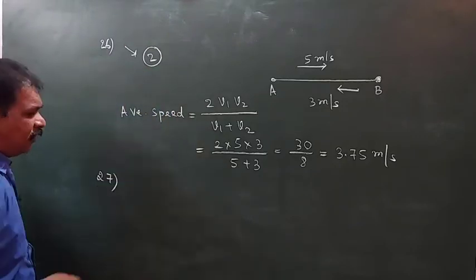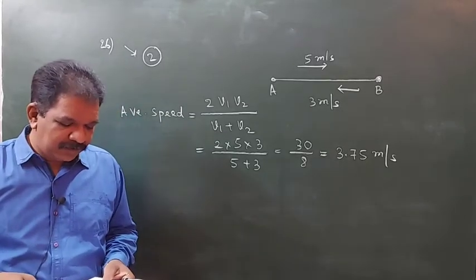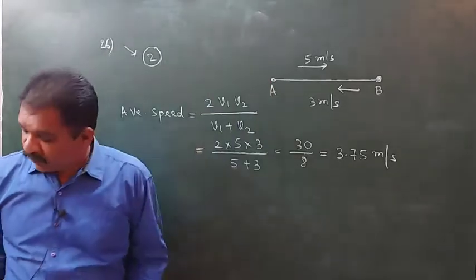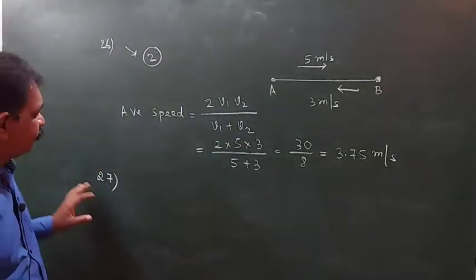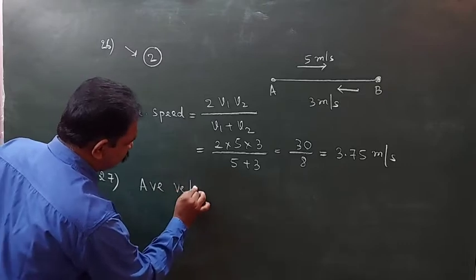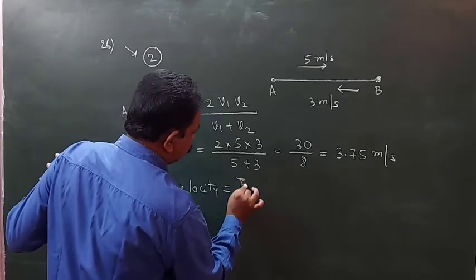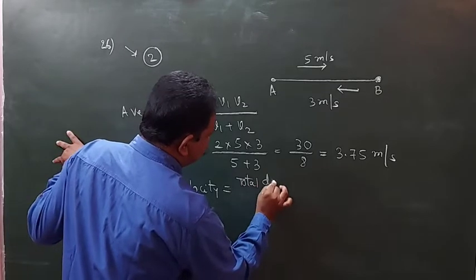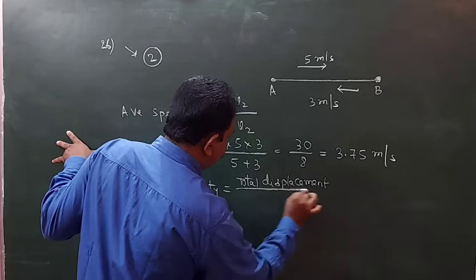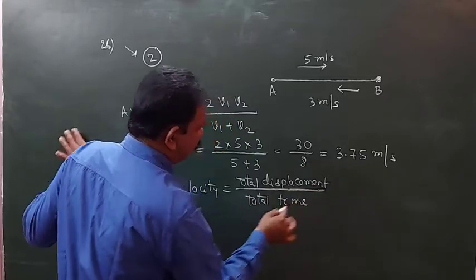Next, 27. What is her average velocity over the entire trip? Average velocity here they are asking. Average velocity is equal to total displacement divided by total time.